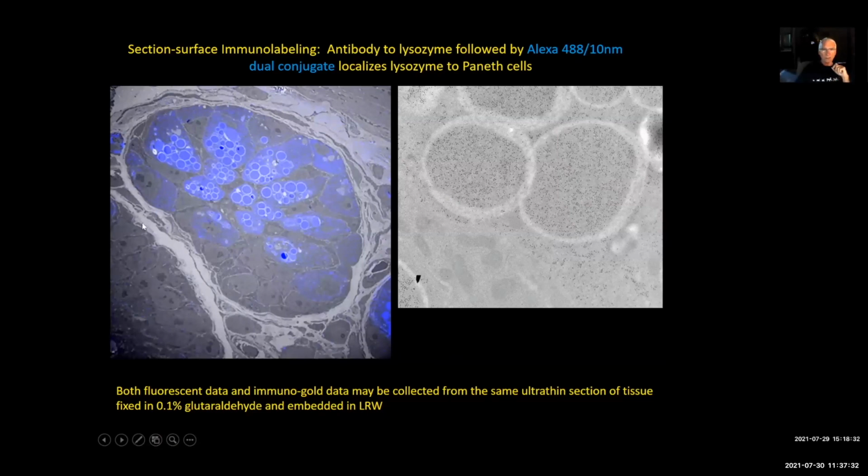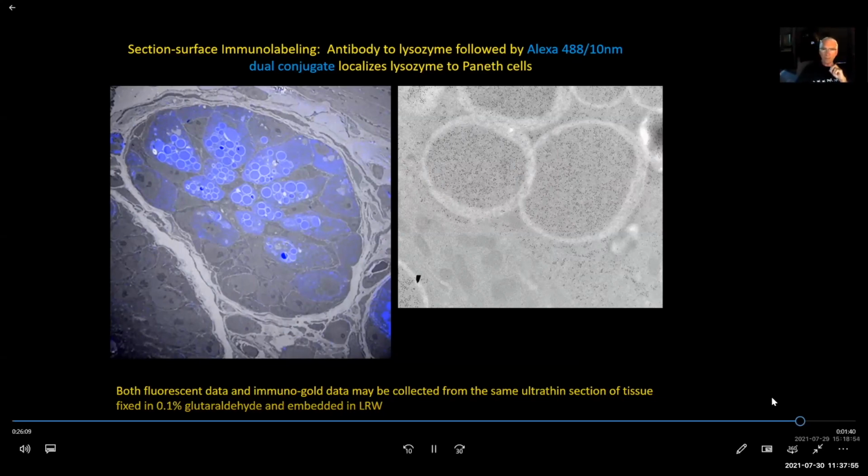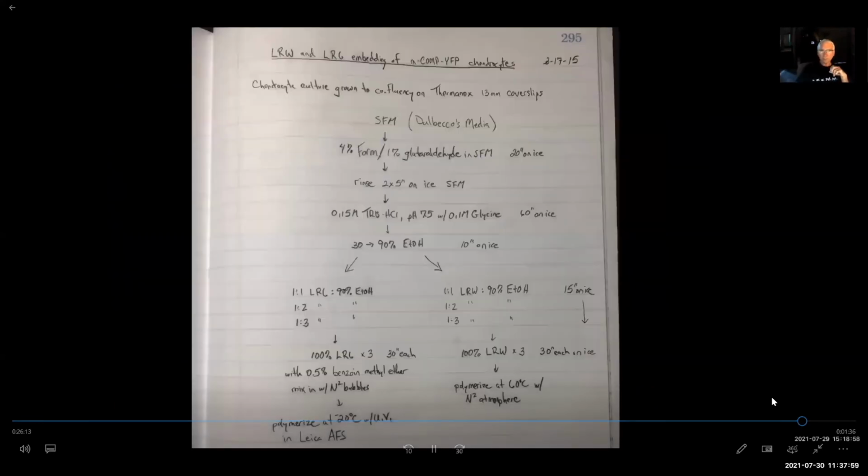Now, lysozyme, this particular antibody and this particular antigen, would tolerate relatively high percentages of glutaraldehyde, up to about 1% or so. So the structure is actually quite good here, and we could localize not only at the light microscope level, but also at the electron microscopy level. So it's a very powerful conjugate if you can figure out a way to use it.